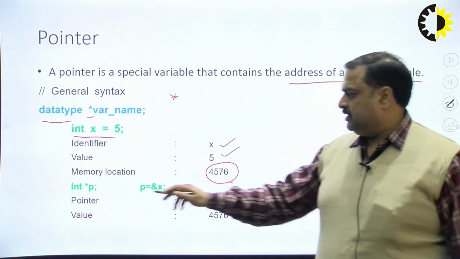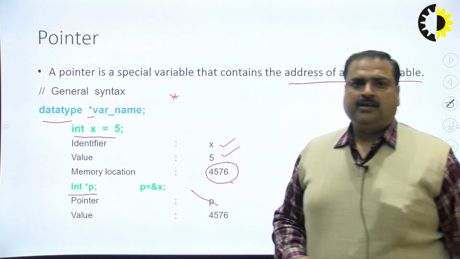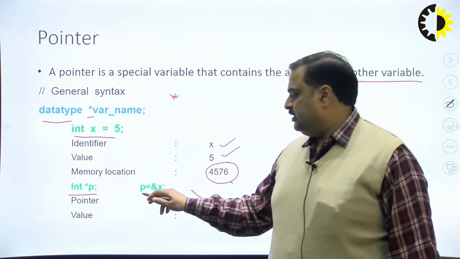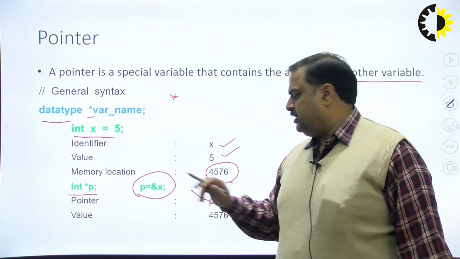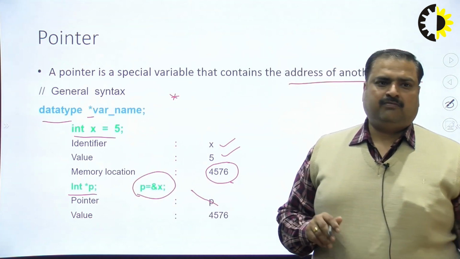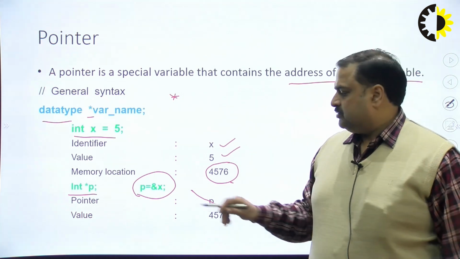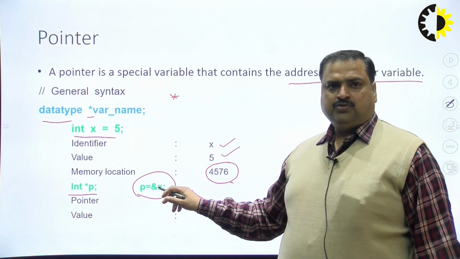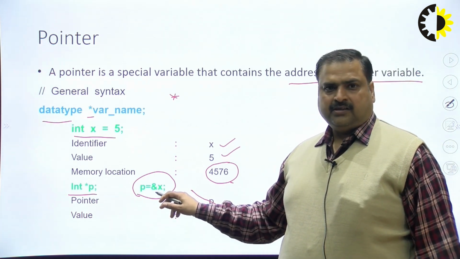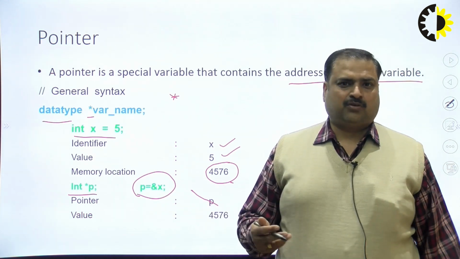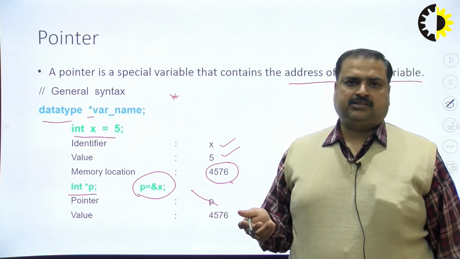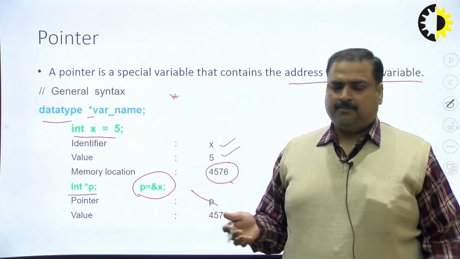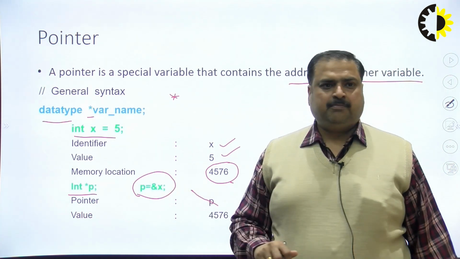It is stored at the actual location 4576, and we declared an integer pointer p, and we gave p equal to address of x. I have used the ampersand here because ampersand is the address of operator or the reference operator, which assigns the address of a variable. So, this address is stored in p.